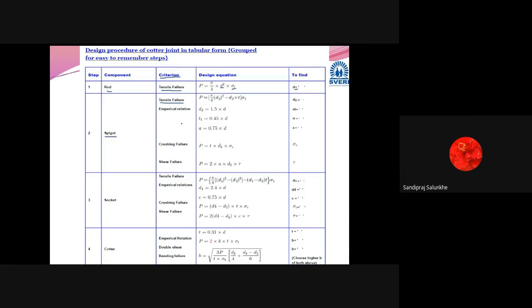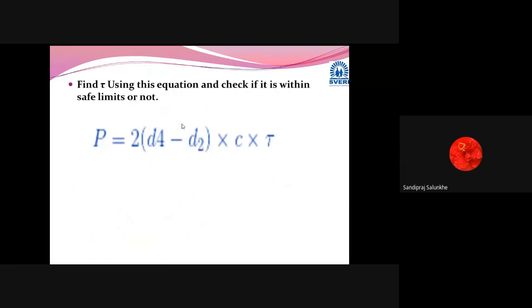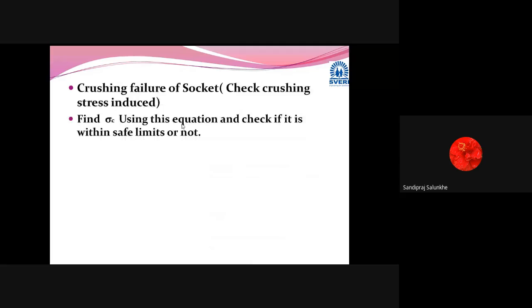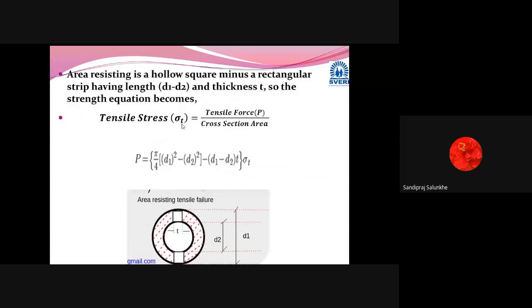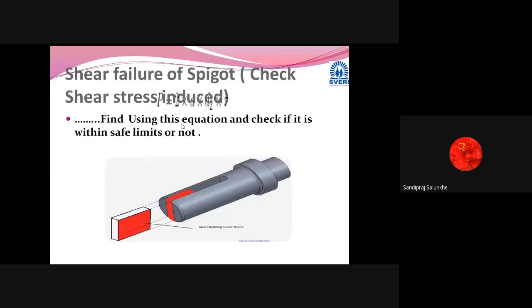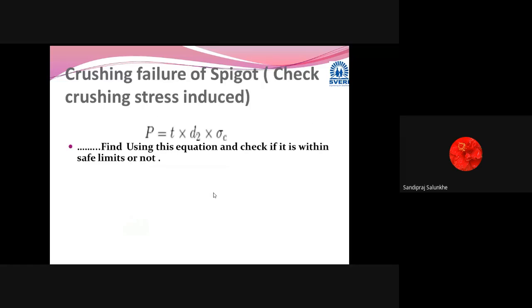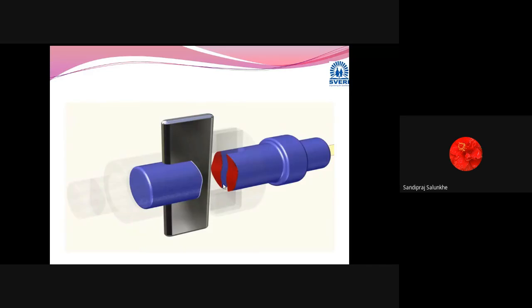The weaker one. Let me repeat that slide here. Definitely this area is weaker, because this part is solid area, and after this joint, it is also solid.